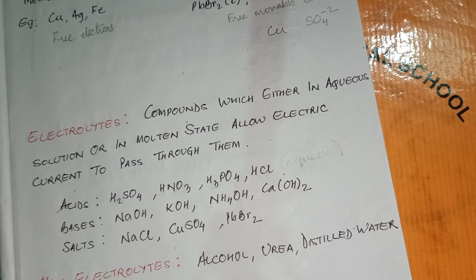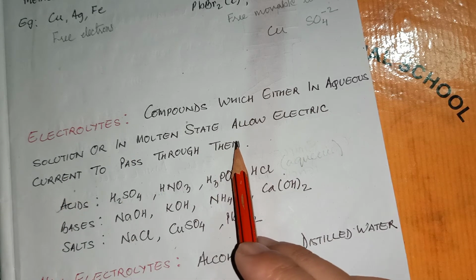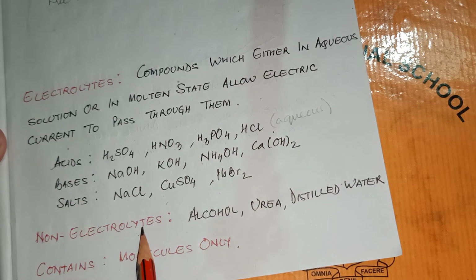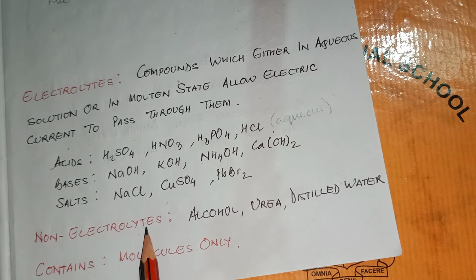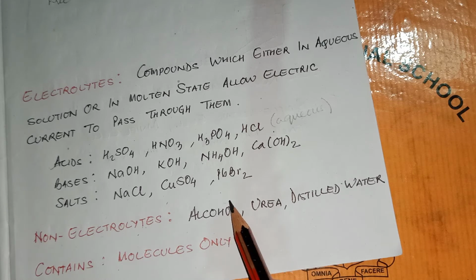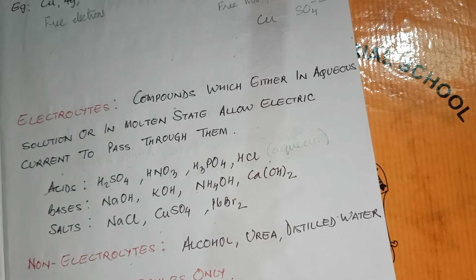Now, there are some substances which do not conduct electricity. Those substances or compounds which, either in their aqueous state or molten state, do not allow electric current to pass through them are called non-electrolytes. Examples can be alcohol, urea, distilled water. They are all non-electrolytes.